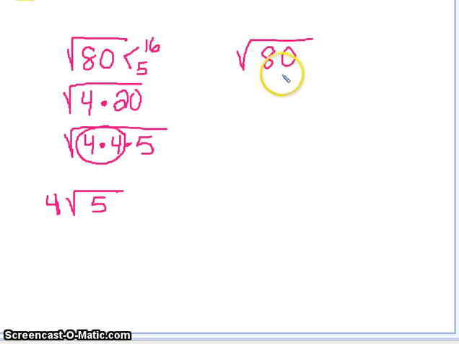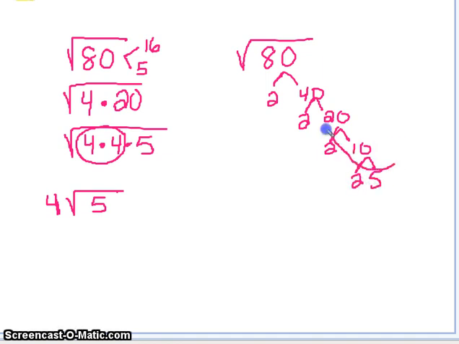If I want to find my prime factorization of 80, I know 2 goes in there 40 times, 2 goes in there 20 times, 2 goes in there 10 times, and then 2 goes in there 5 times. So here's my prime factorization.